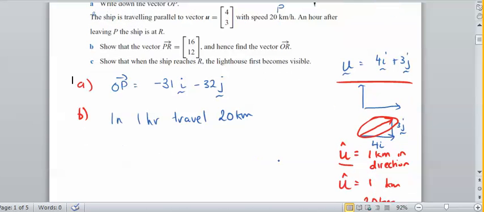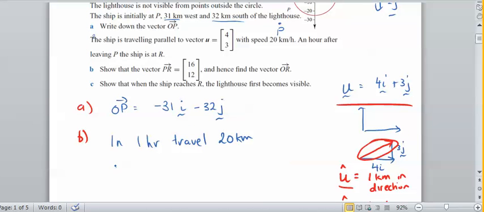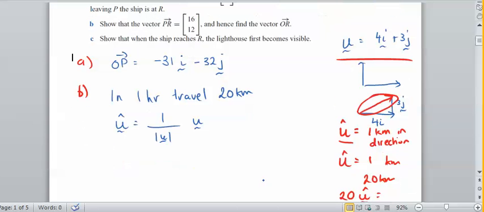Now, let's work out what u hat is first. u hat is equal to 1 over the magnitude of u, times u itself. u itself is 4i plus 3j.